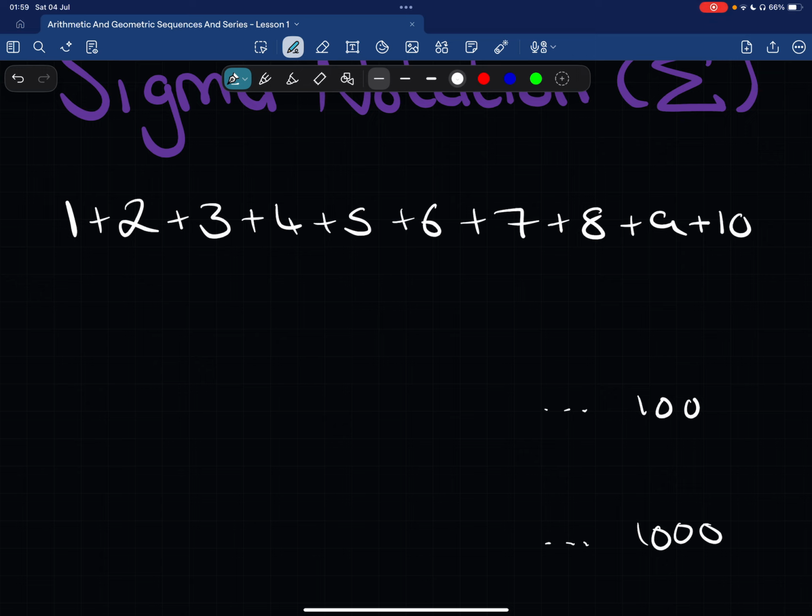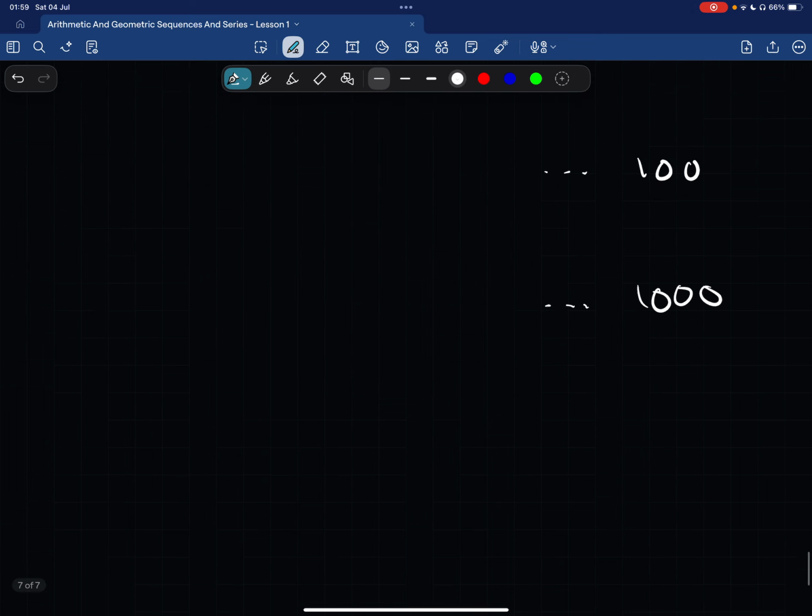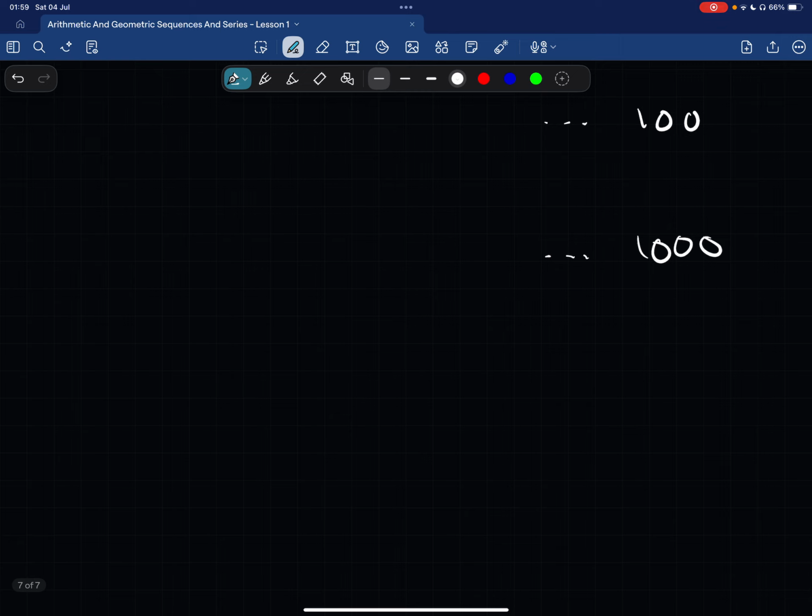And that's why the idea of sigma notation was invented, to take all of these long, tedious strings of us just adding numbers and simplify it. So just as instead of saying 3 plus 3 plus 3, we can say 3 times 3. This is just a way of shortening it.